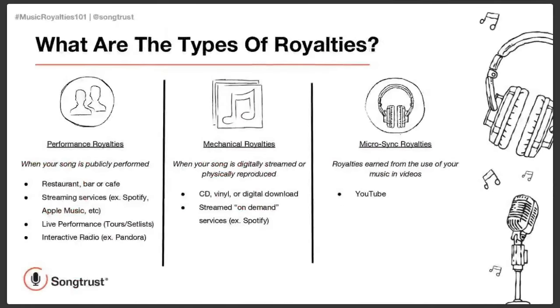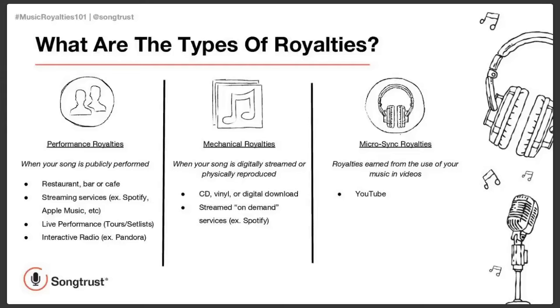Getting a little further into the different types of royalties, performance royalties are generated when your song is publicly performed. This could be a live performance that you do, like on tour, even at a restaurant, bar, or cafe. They're also generated from streaming services like Spotify and Apple Music, and also interactive radio, so only paid Pandora accounts.